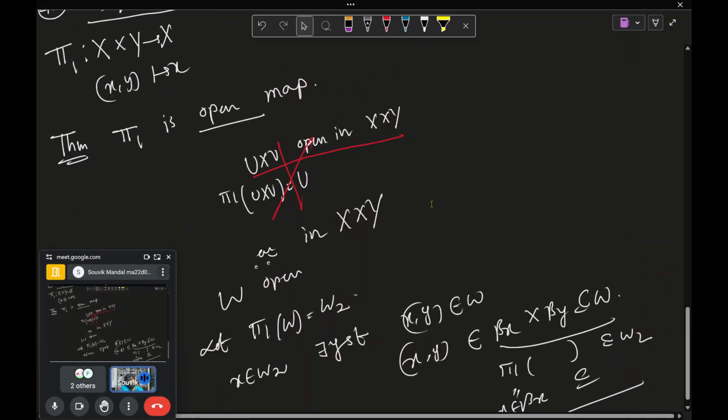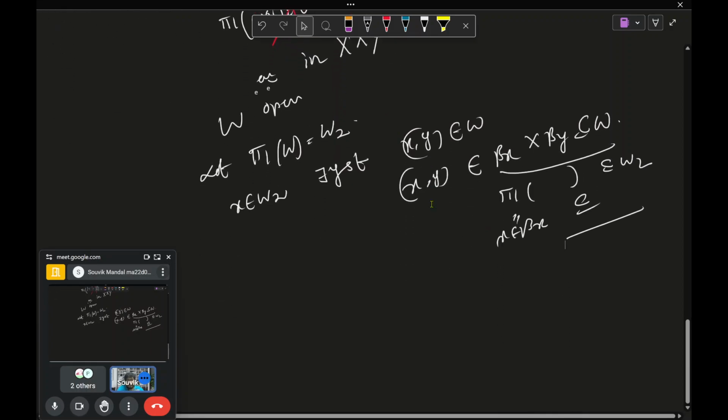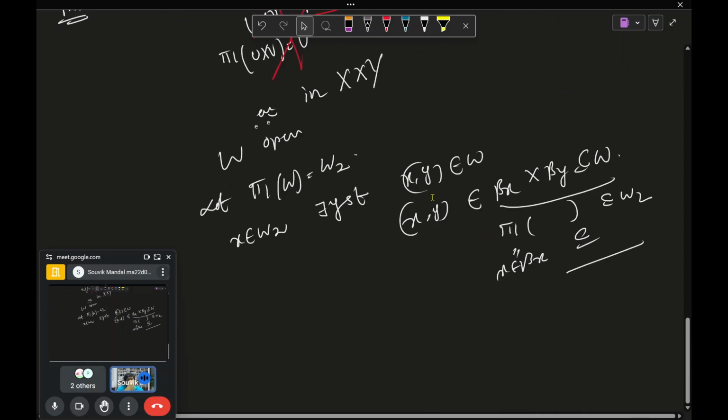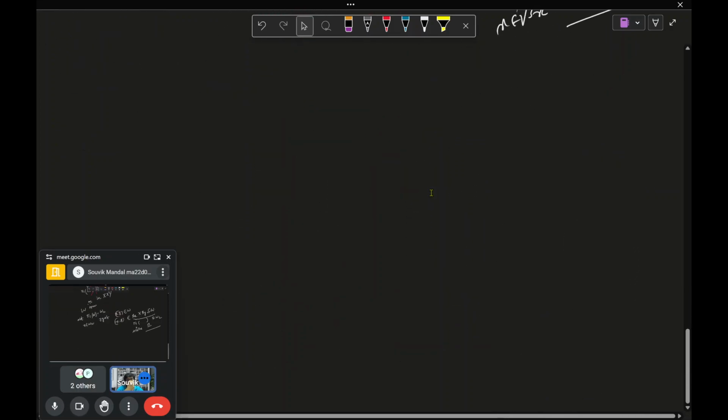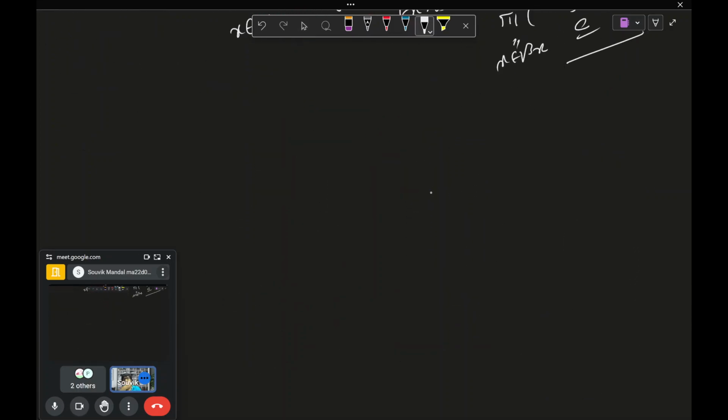Also, it can be done in quite a technical way. Let me write it down. Let W be any open set in X cross Y. Whatever way you have done and whatever I am now writing are essentially the same, but this type of solution is quite technical.